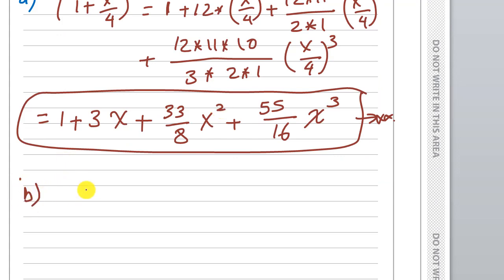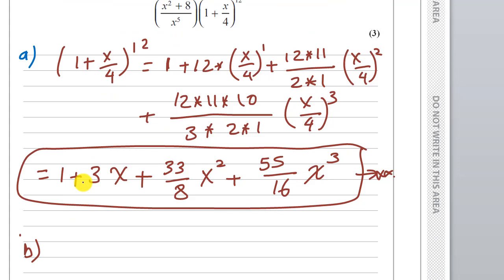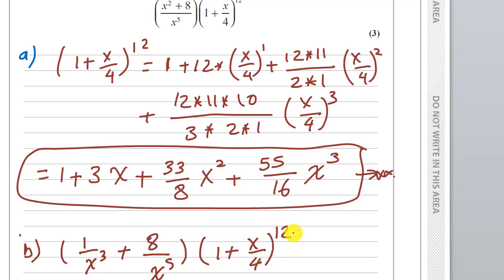So this is part B. Let us write the equation. x squared divided by x power 5 is 1 divided by x cubed, plus 8 divided by x power 5, multiplied by (1 + x/4)^12.